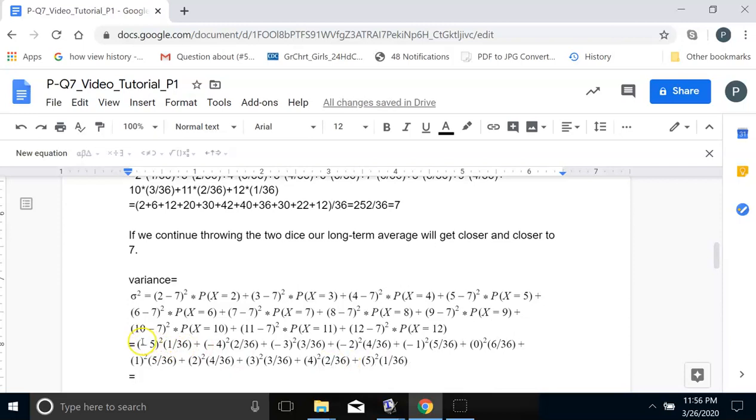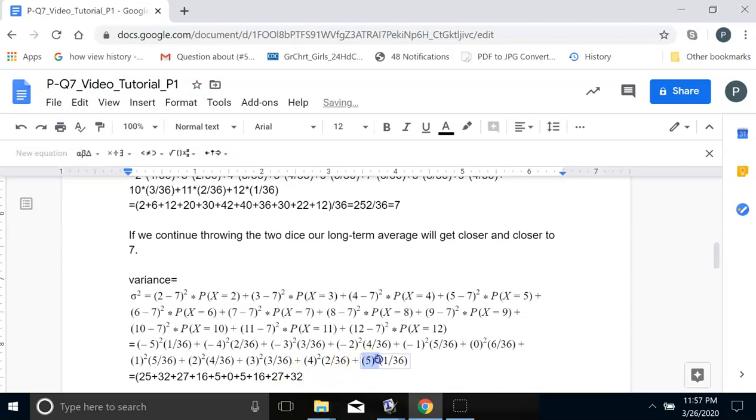Simplifying this, negative 5 squared is 25 times 1, so it'd be 25 for the first one, plus 16 times 2, so 32 on that one.